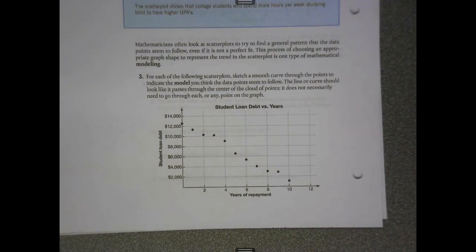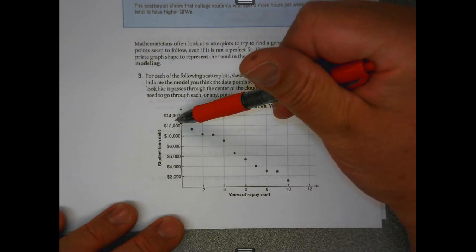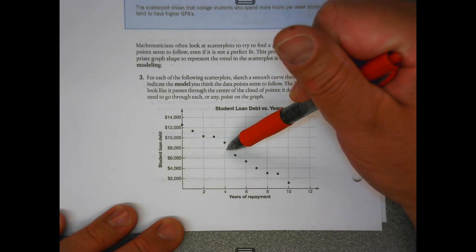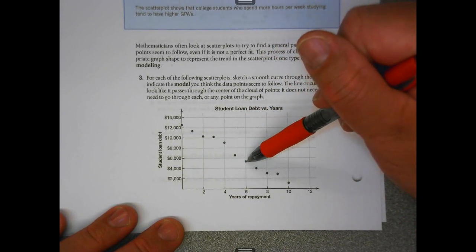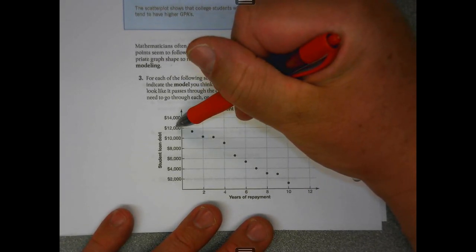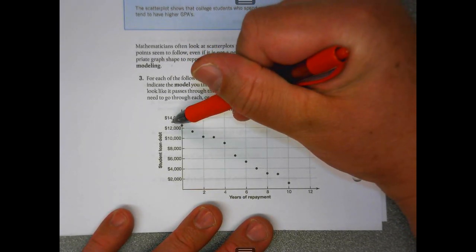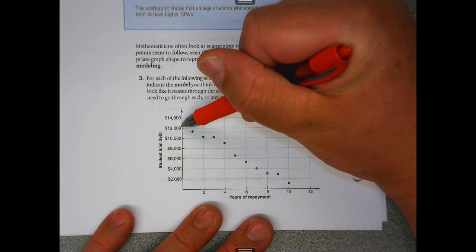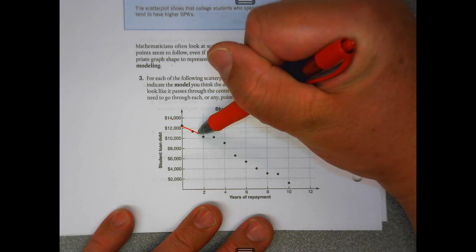It looks pretty good all the way through, but then we get to here, and that's where we're going to have to curve it. So that looks like the trend for these data points. Curved line, even though it's straight mostly, it's curved. Okay, next one.